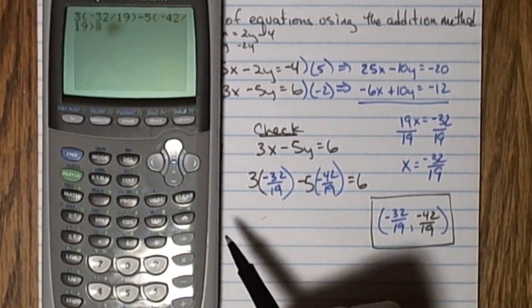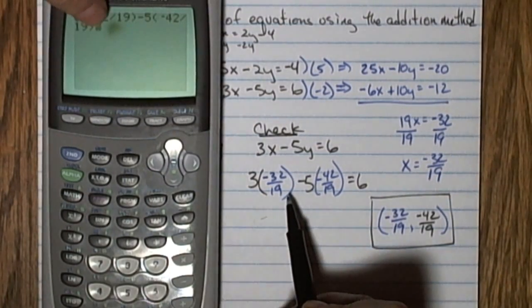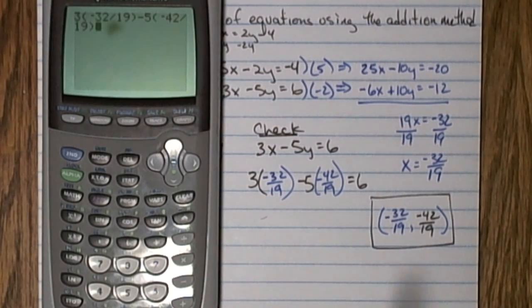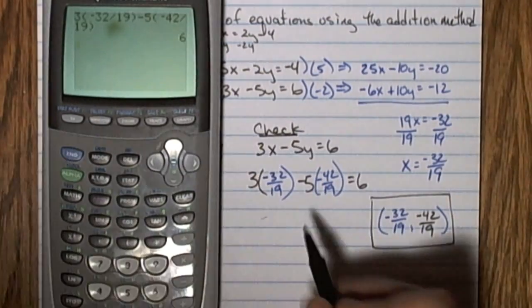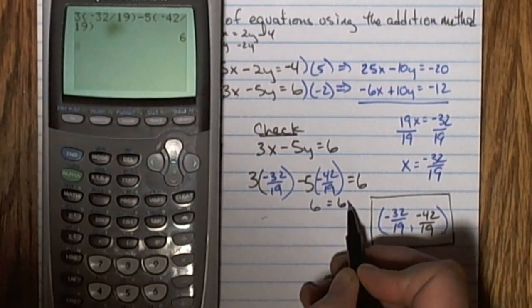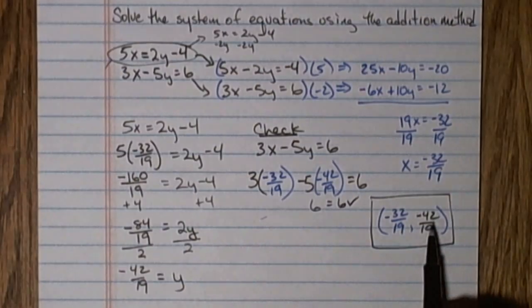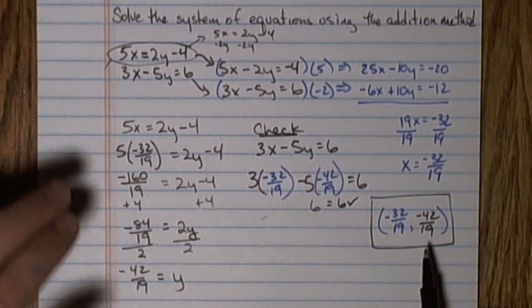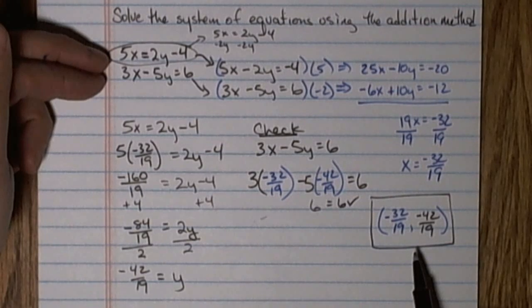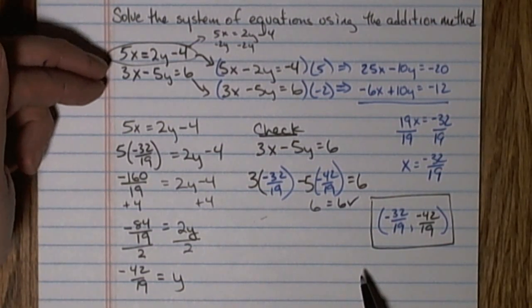I'll just hit enter, and I'm hoping it's going to give me a 6. Yay, it did, 6. So both sides were equal, so that was a check. Even though that answer doesn't have nice whole numbers, I feel confident that that point is the solution to that system of equations, and if I graph those two equations, this would be the point where they intersected.